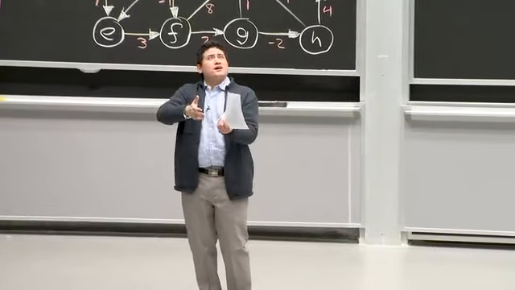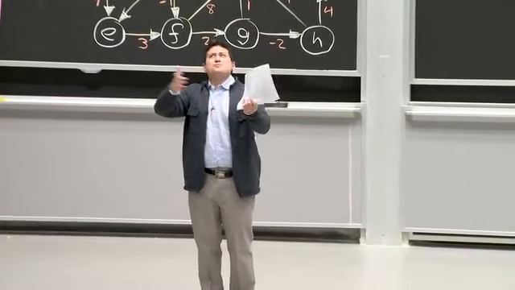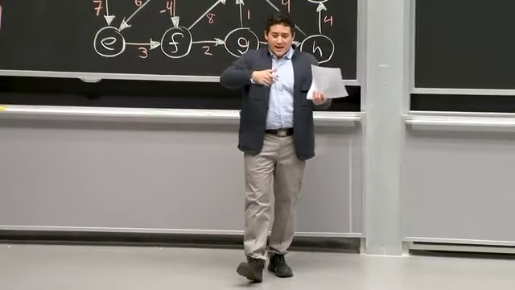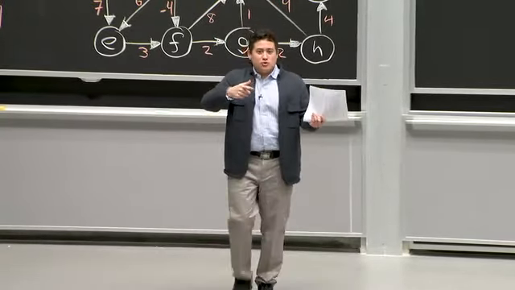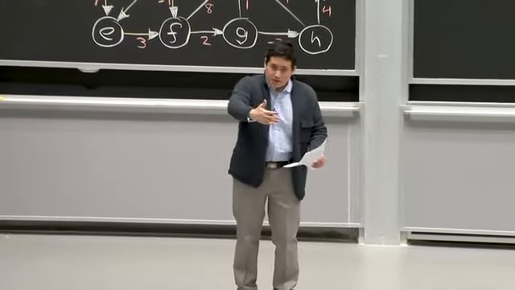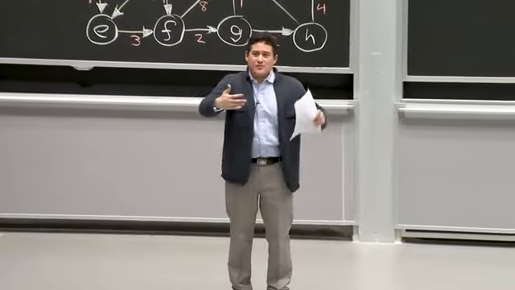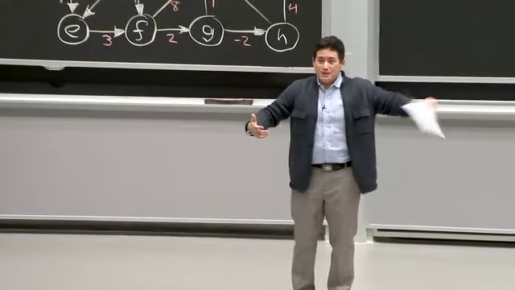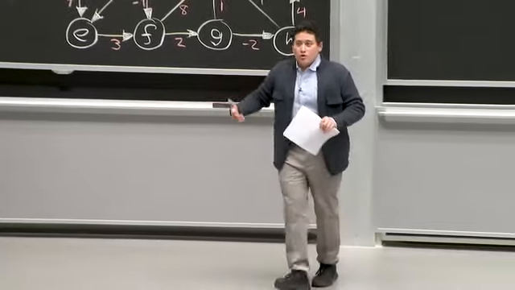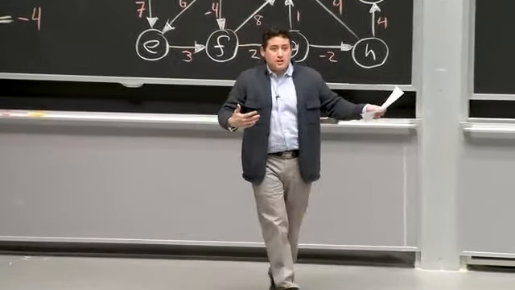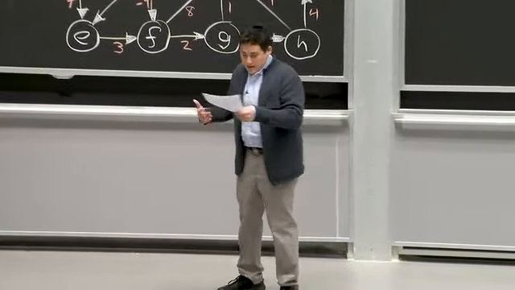Each road is a connection between two intersections in my road network. But it takes a shorter amount of time to go from, say, Vassar Street to Amherst than it does to go from Memorial Drive across the river to Beacon Street. So we might want to associate a larger distance, or a weight, with that edge.